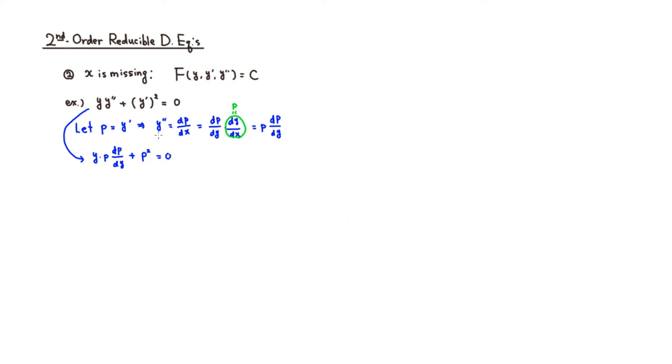If you divide through by y p, then you have dp over dy plus, one of the p cancels out, 1 over y p is equal to 0.